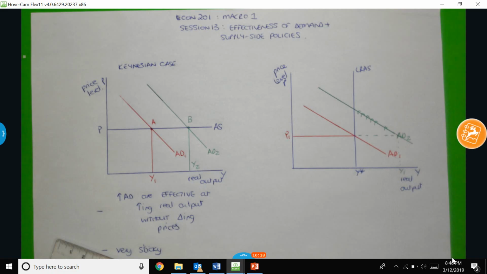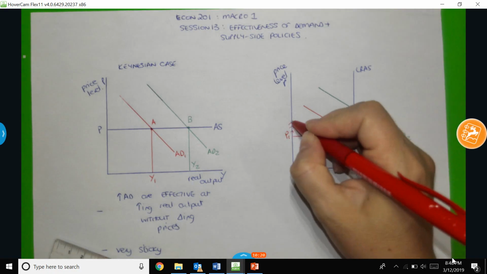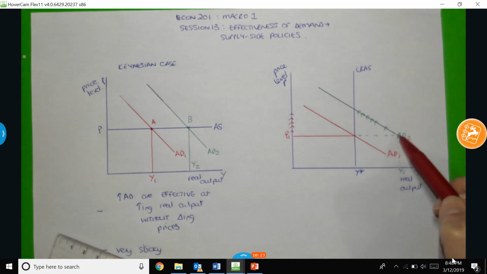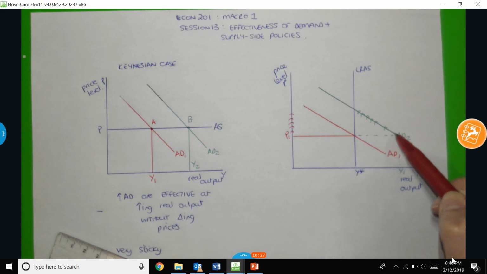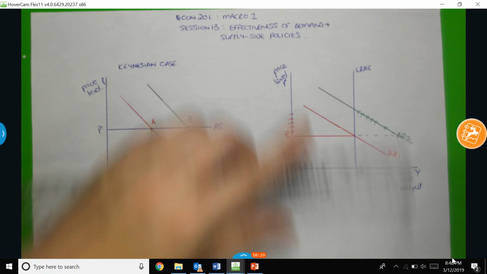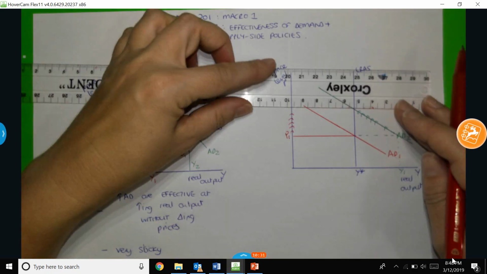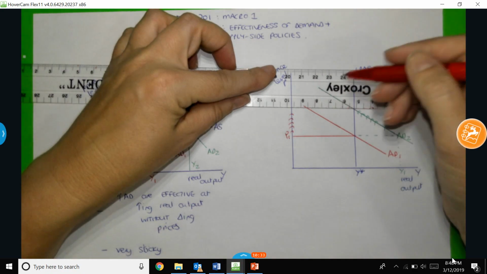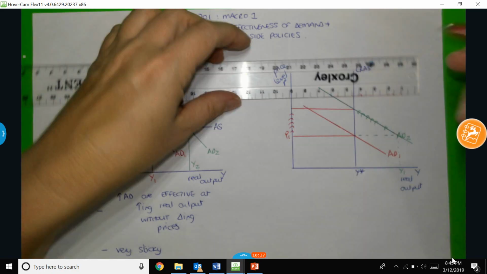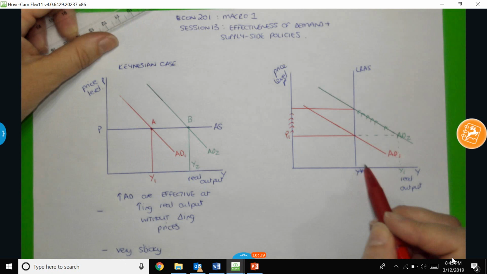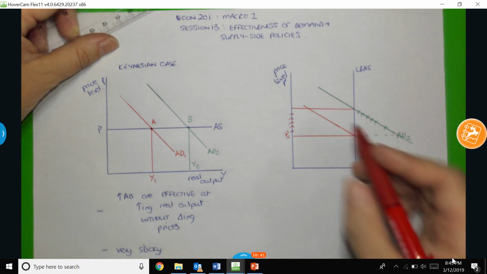And as prices start to rise, this will cause a decrease in the quantity of goods and services demanded, so there's an upward movement along the aggregate demand curve. In this case, though, the rise in the price level cannot act as an incentive for firms to expand production because they have no additional resources available with which to expand production.